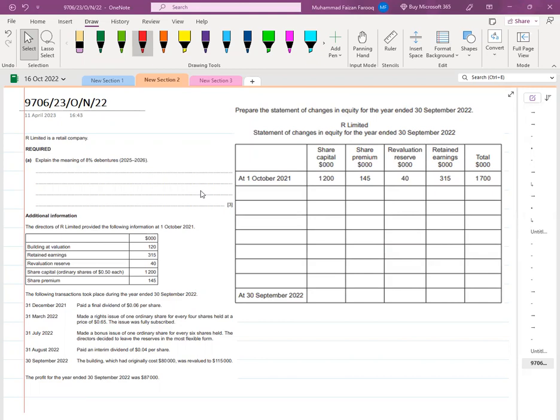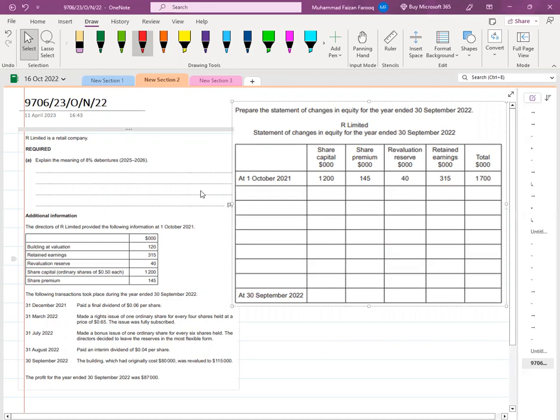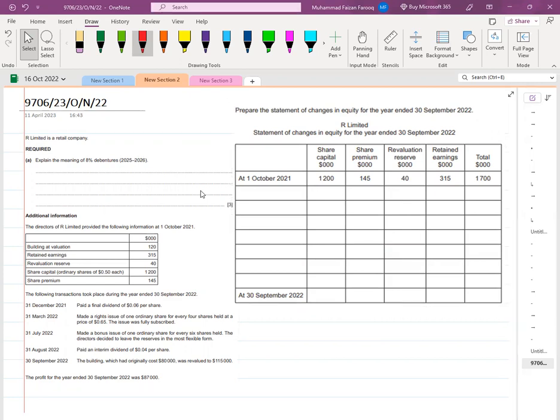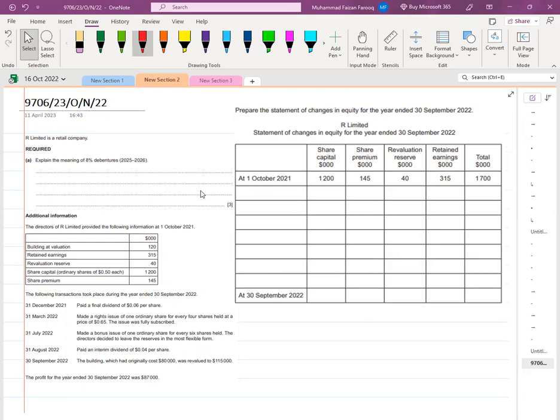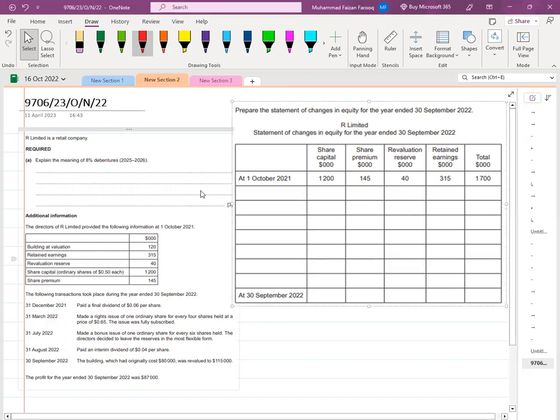Now he's asking you the definition of the specific term, which means 8% debenture. Debenture is a long-term liability, 1 mark. 8% is the percentage of interest which the company has to pay to the investors, 2 marks. 2025 till 2026 means this amount is going to be repayable by the 25 and 26 year, yani financial year.